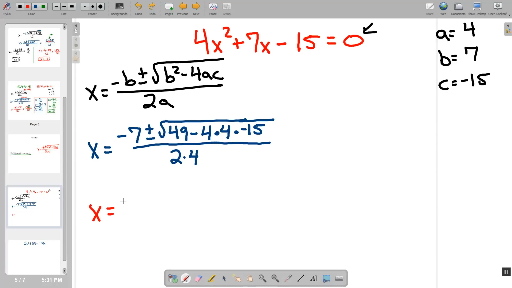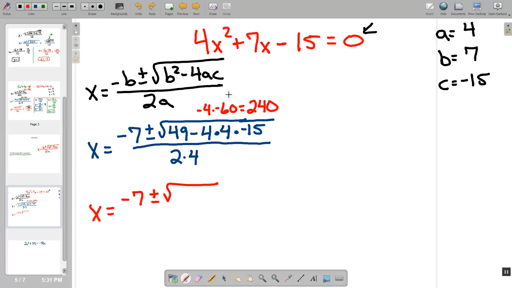x is equal to negative 7 plus or minus the square root. Okay, so let's do some simplifying here. 4 times 15 is negative 60. So negative 4 times negative 60. Well, 4 times 6 is 24, so 4 times 60 should be positive 240.